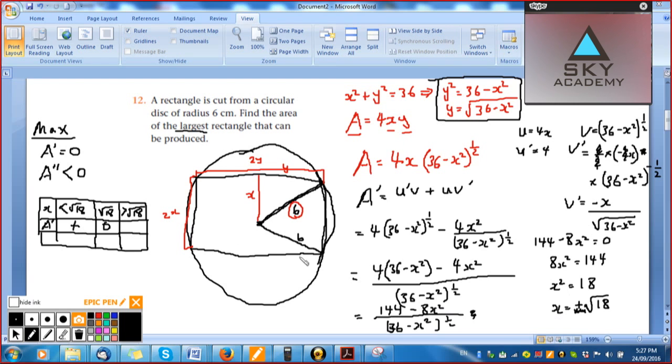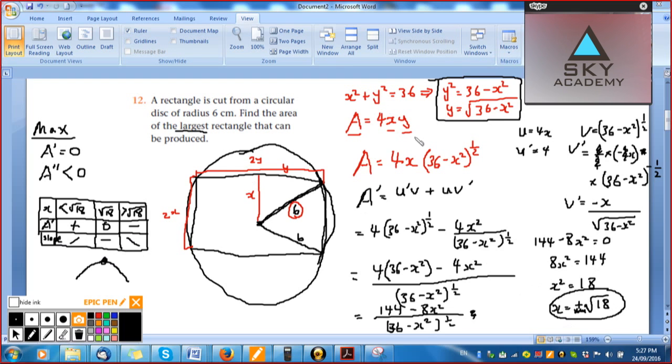And if x is greater than root 18, that's going to be bigger than 144, so overall the numerator is going to be negative. So you've got the graph slope looking like this: positive, 0, negative, which is a maximum. Got it? So root 18 is one of the lengths.